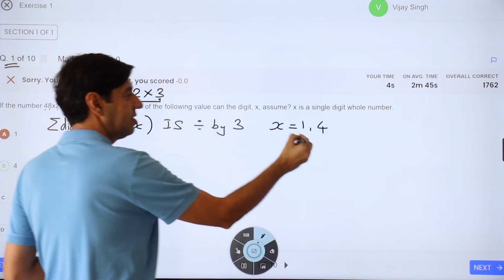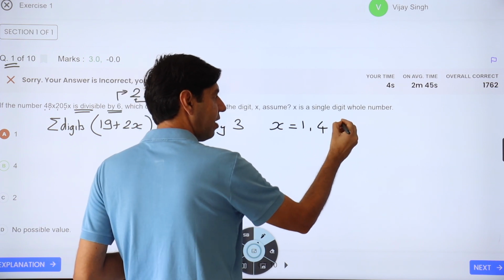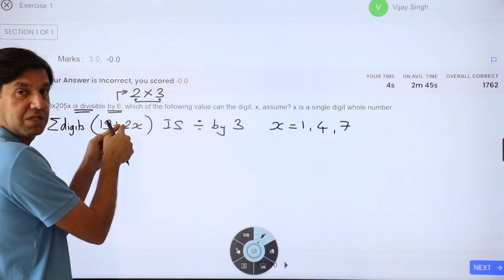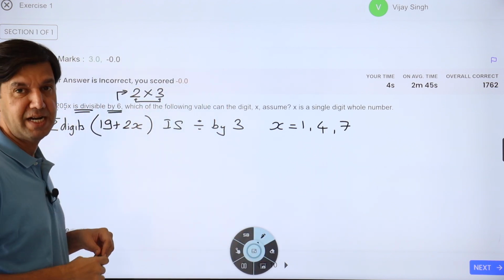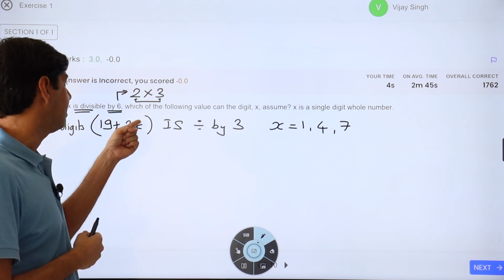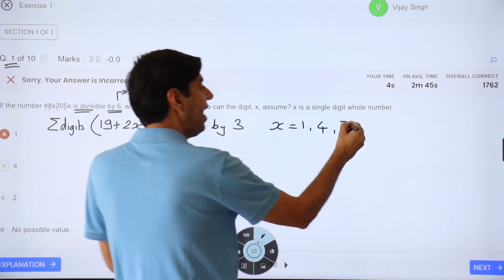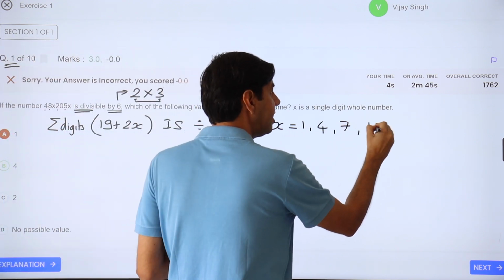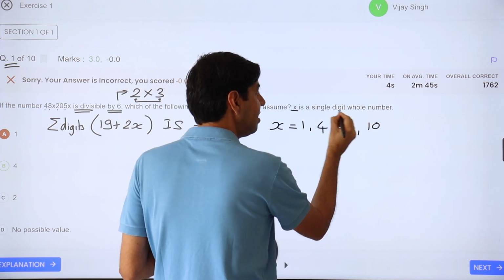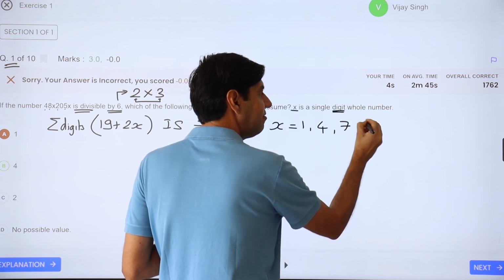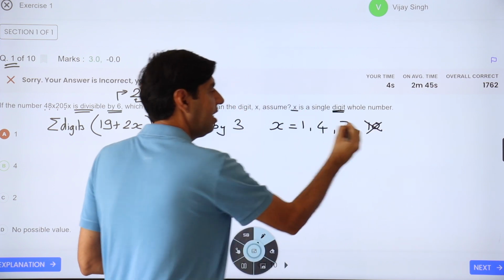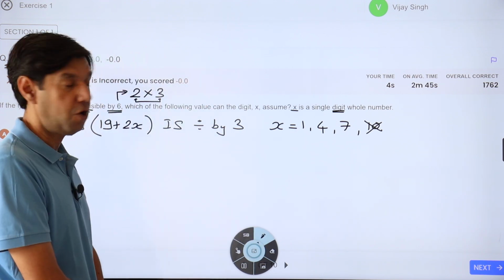And as you see, it's an increment of 3. So x could also be 7. 7 2s are 14, 14 and 19 is 33. 33 is divisible, and 3 more would make it a double digit, but x is a digit. By a digit we mean a single digit, so it can only be 1, 4 or 7.